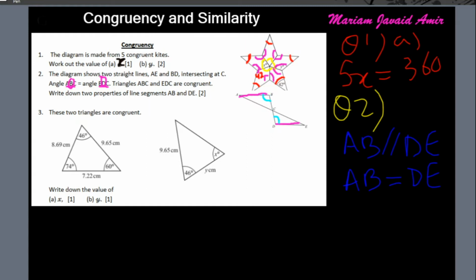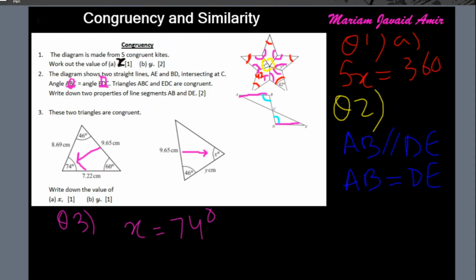Alright, question number 3. The two triangles are congruent. Write down the values of x. Now x is opposite to the 9.69 length. So which angle is opposite to 9.69? That's 74. So x equals 74 degrees. And then where is y in this question?